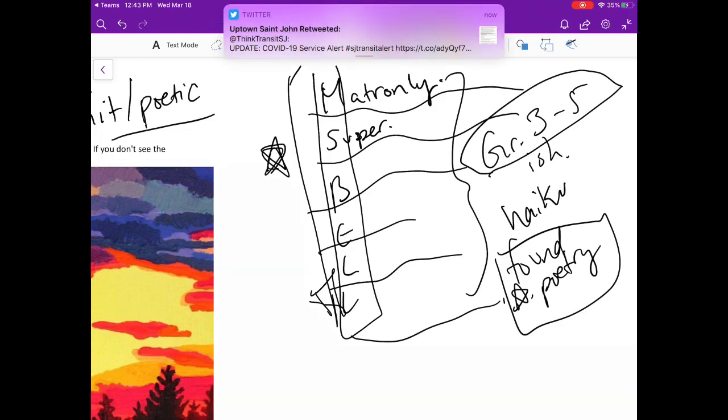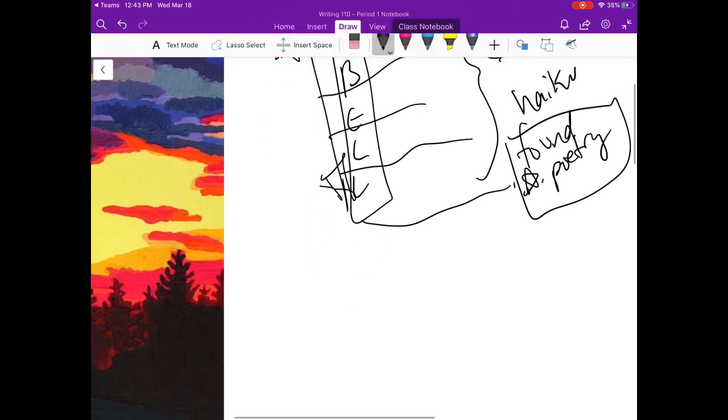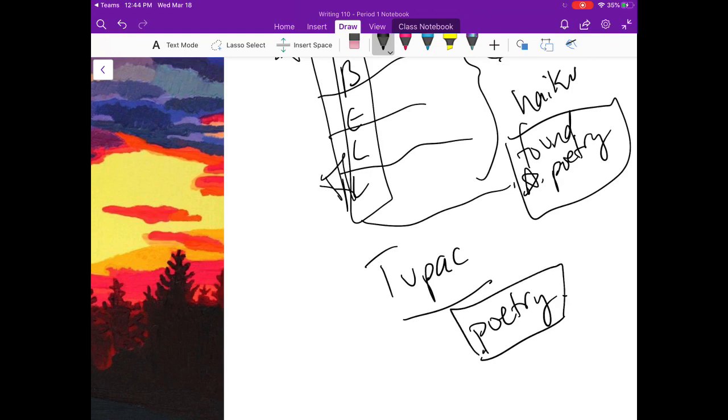Keeping in mind that songs are also forms of poems, right? In our video, Tupac had beautiful poems in his songs, and not even just in his songs. He has a book of poetry himself that he's written, and it's quite beautiful.